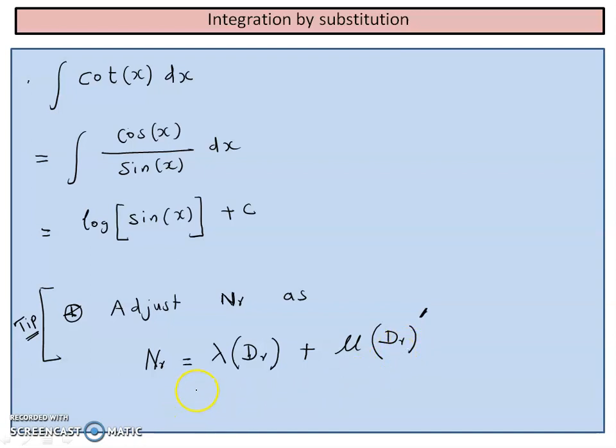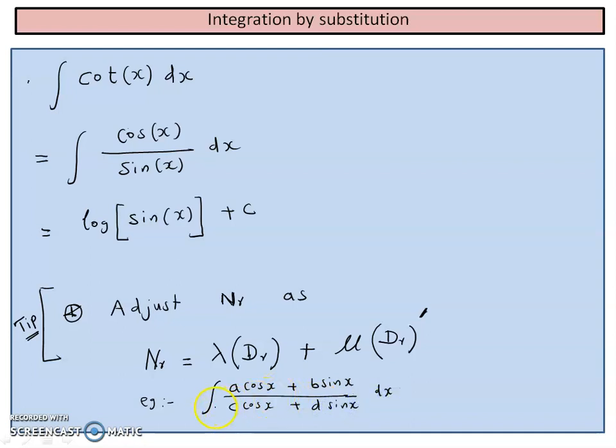Normally such examples are integral a cos x plus b sin x upon c cos x plus d sin x dx.